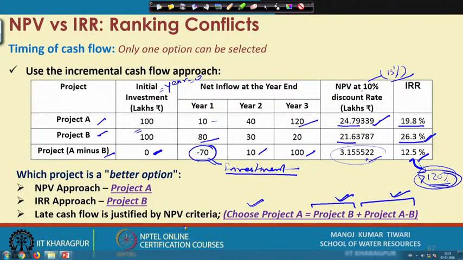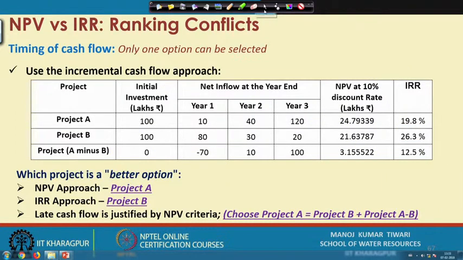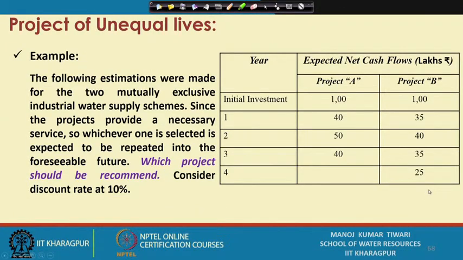That instantly tells us which method should be followed, and here also we see that the late cash flow is justified by the NPV criteria, and we should choose project A. Even without considering this third line, we can just compare projects A and B based on NPV, and that suggests going for project A. So, after this further analysis, we arrive at the same conclusion: NPV is the criterion that should be chosen in ranking such projects. That is how NPV is more helpful.